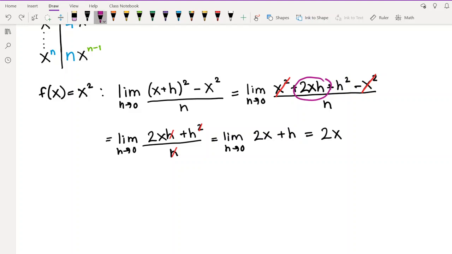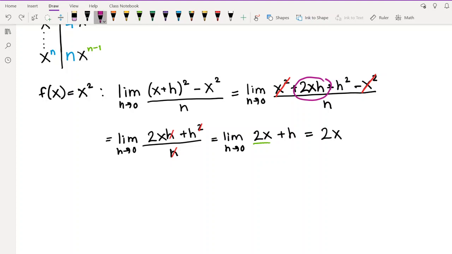So basically, what I'm getting at here is that the only part of the numerator that is going to contribute to the derivative is the part that has exactly one h connected to it. Because if it has exactly one h, that h will perfectly cancel out and you'll be left with something that just has an x in it.